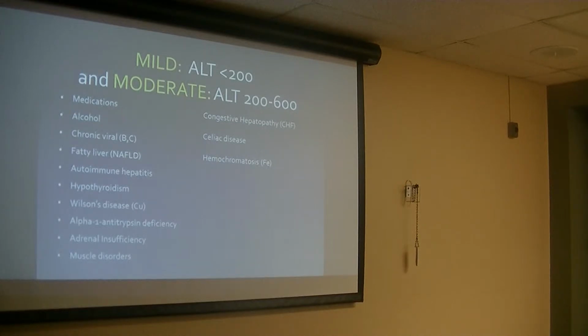First of all, of course, medications. Medications not only can cause hepatocellular injury and elevation of AST and ALT, they can cause a number of other patterns of liver injury, including cholestasis and a number of other ones. Alcohol, chronic viral infections will cause AST, ALT in this range.